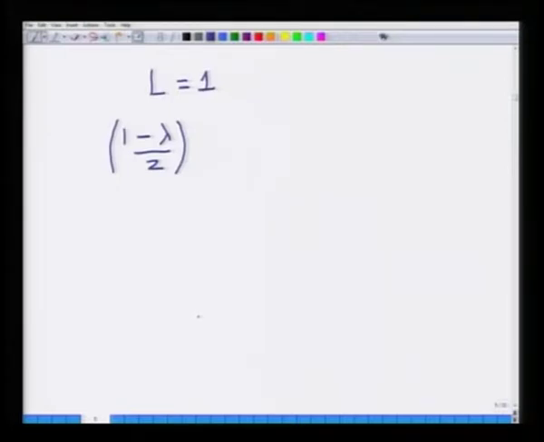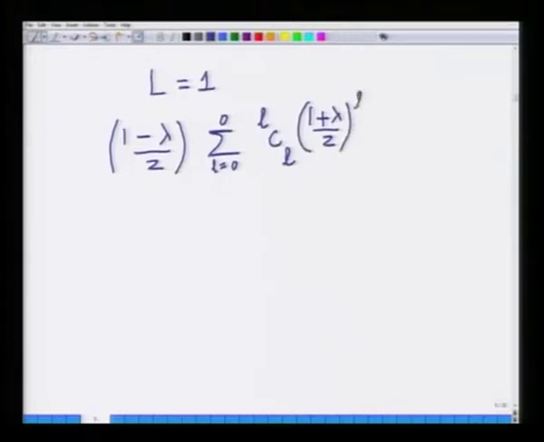So, it is simply 1 minus lambda over 2 into the sum over l equals 0 to capital L minus 1, which is 1 minus 1, which is 0, of (L plus l minus 1) choose l, into (1 plus lambda over 2) to the power of l.